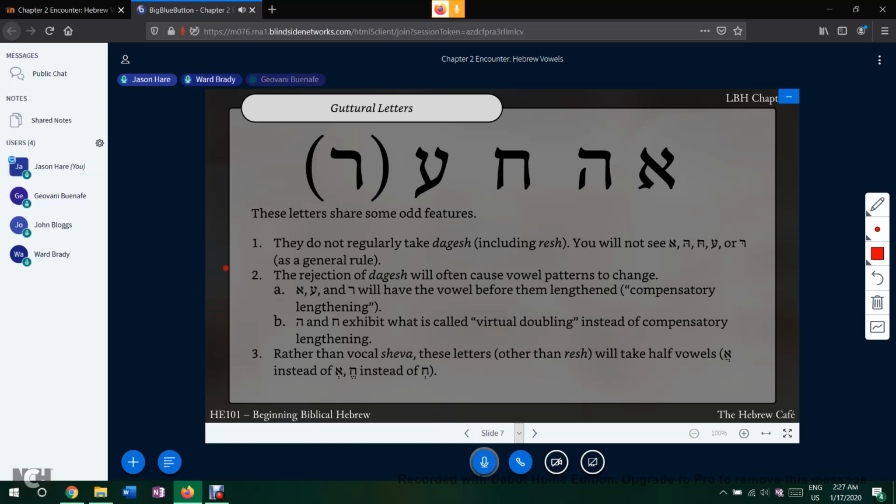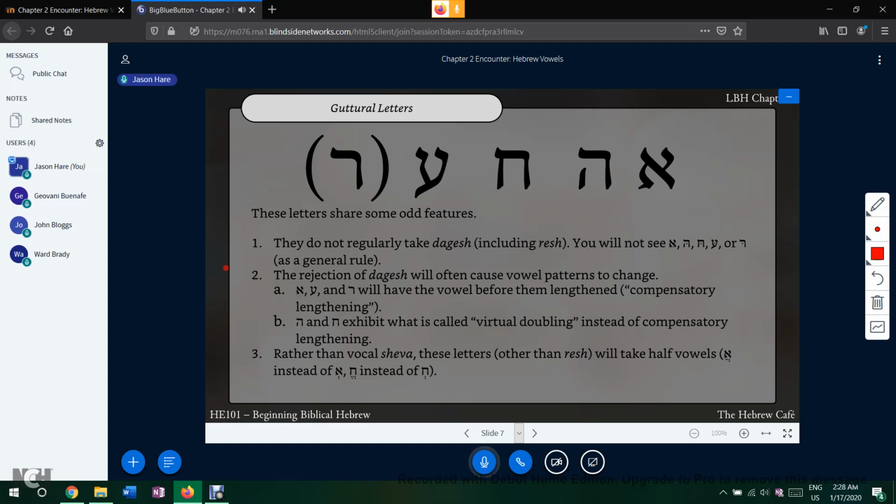I think there are 2 places in the Bible where you're going to find the letter Aleph with dagesh, and I don't know why or how it's supposed to be pronounced, but it exists somewhere. So as a general rule, you will not see Aleph with dagesh, Hey with dagesh, Chet with dagesh, Ayin with dagesh, or Resh with dagesh. But you might be surprised at 1 or 2 points in the Bible where you see them, and generally we don't know why.